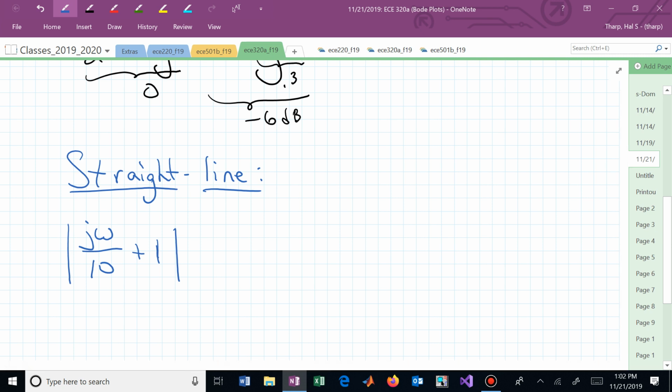What is omega naught? Well, in this case, it's 10. But now I'm saying I want to look at the small omega case. What do I mean by small omega? Well, I want this to be approximately 1.